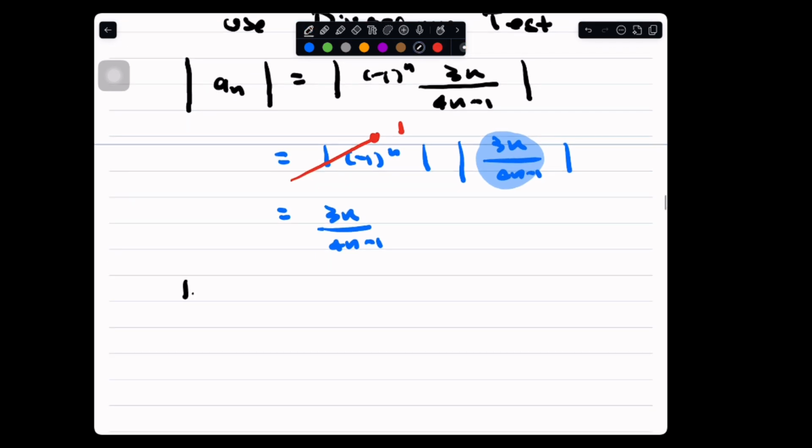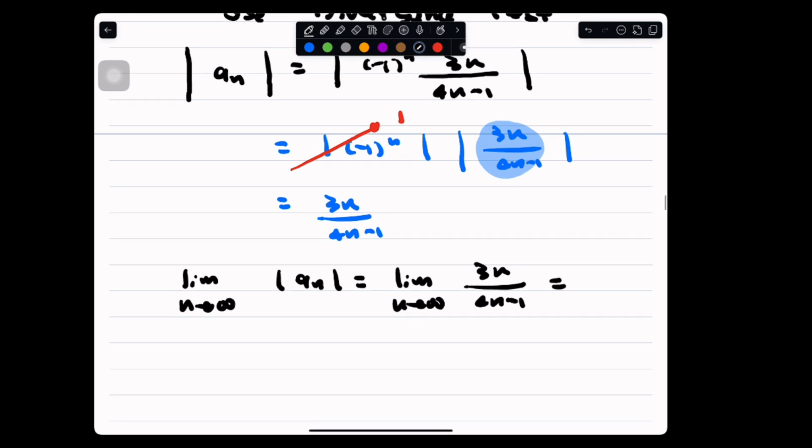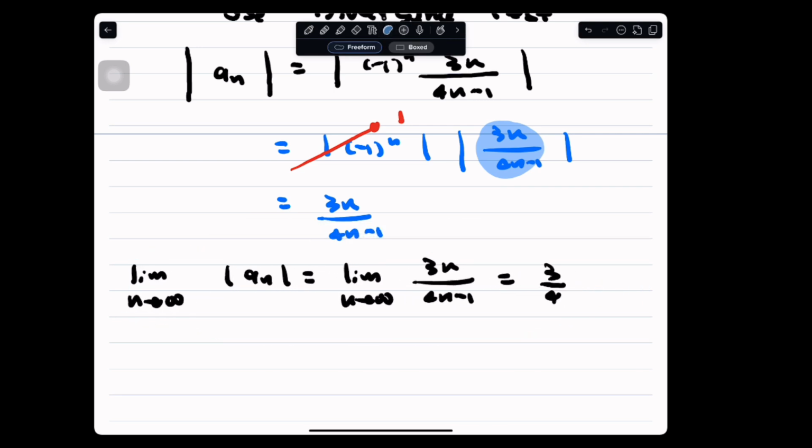So that means now the limit as n goes to infinity of the absolute value of AN, which is really what you're having to check, is 3n over what? And what does that equal? 3/4. Is that not 0? It's not 0, ladies and gentlemen. This is necessary to be required to use what?